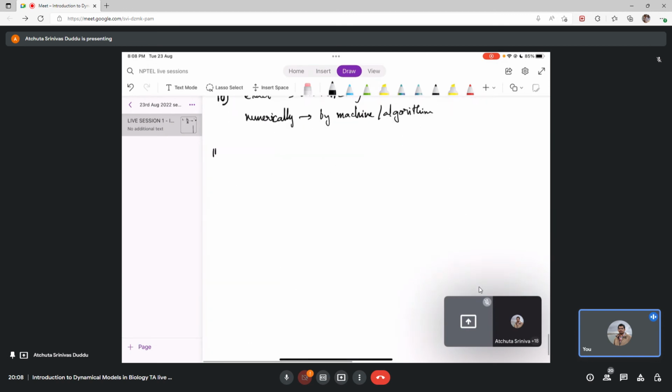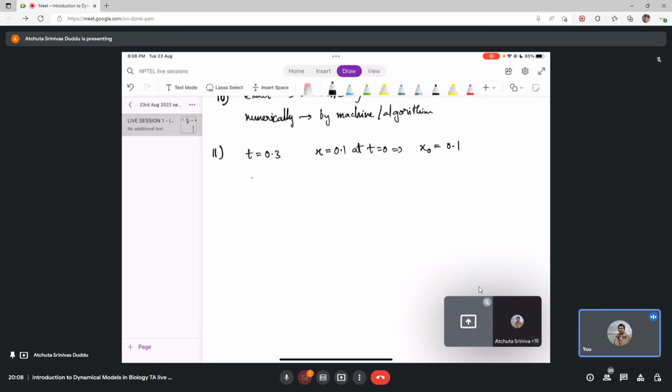Next, the 11th part. For the following ODE, use the Euler method to calculate the value of x at t equal to 0.3, and consider that at t equal to 0, x is equal to 0.1. That would mean we take x naught, x at time 0, as 0.1.